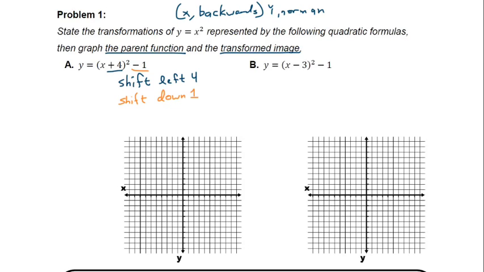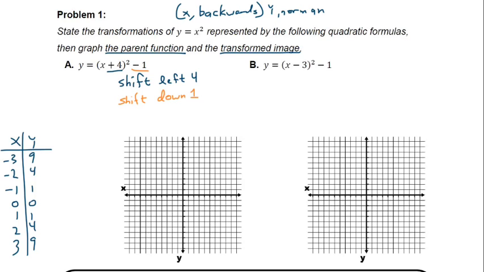So here we go. Here's your parent function, x and y. You have to plot -3, -2, -1, 0, 1, 2, 3. The parent function at -3 would be 9, because -3 squared is 9. -2 squared is 4. -1 squared is 1. 0 squared is 0. 1 squared is 1. 2 squared is 4. 3 squared is 9.